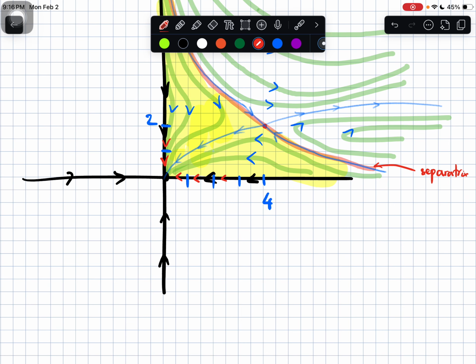So note the long-term behavior depends on the initial condition.